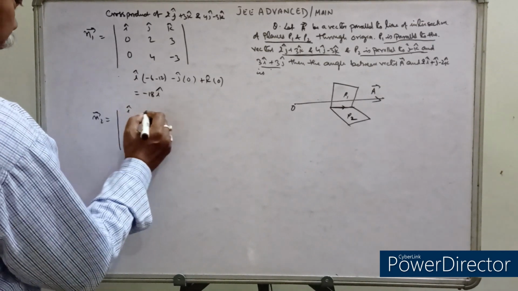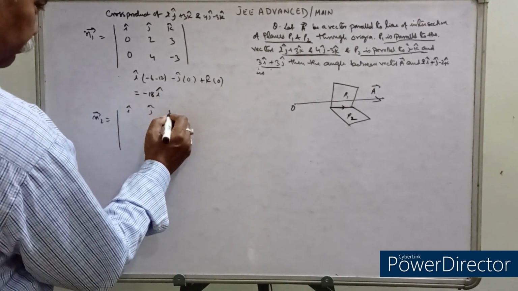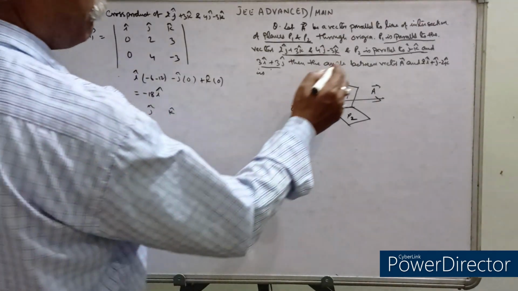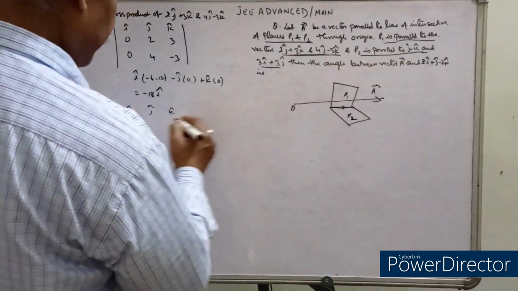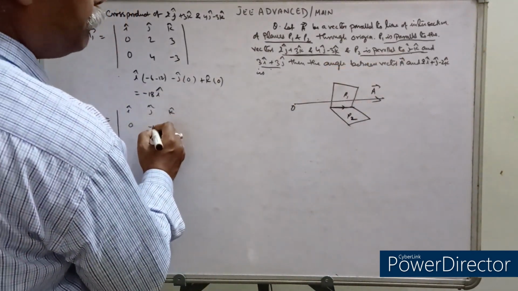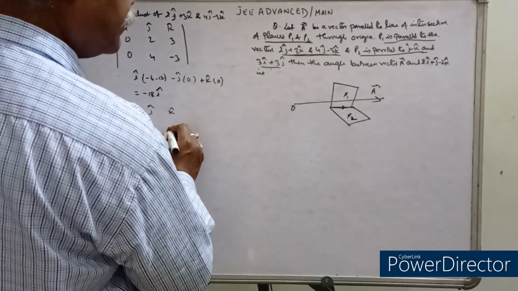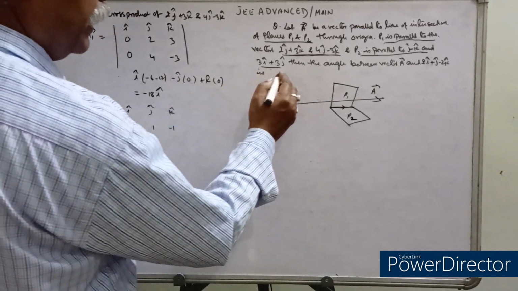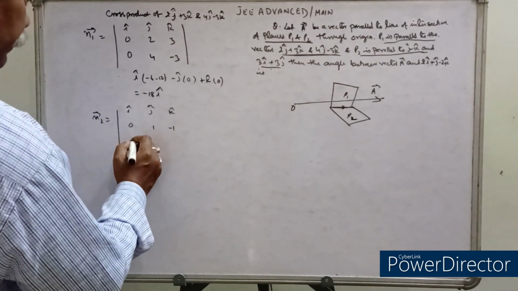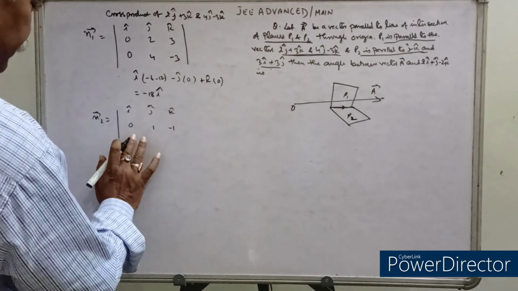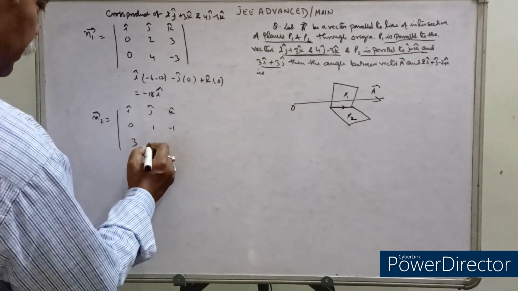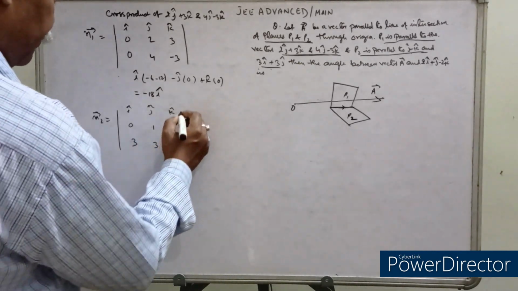So i cap, j cap, k cap, and then 0, 1, 3, 3, 3 and 0.